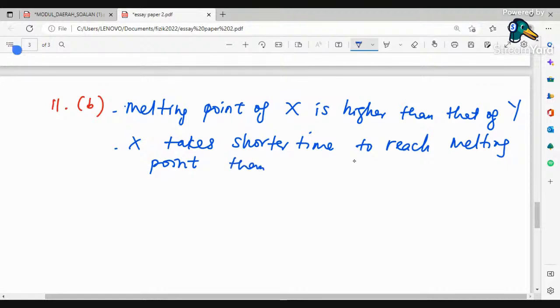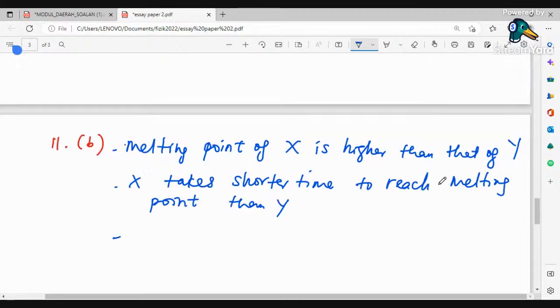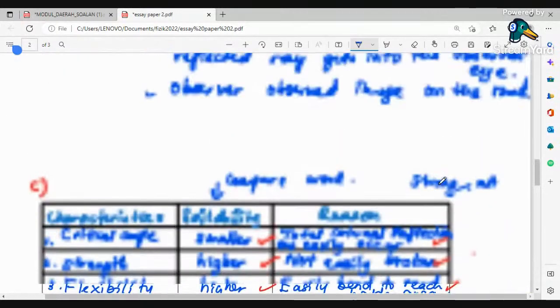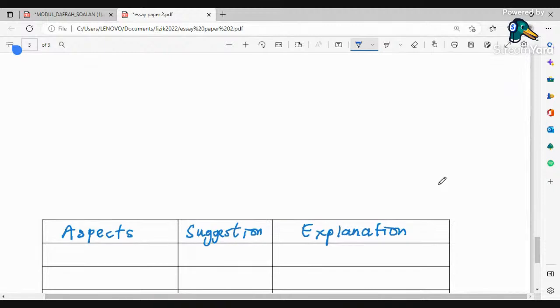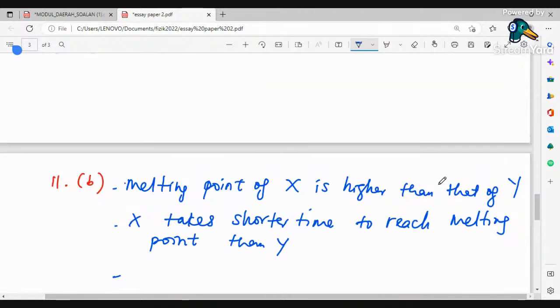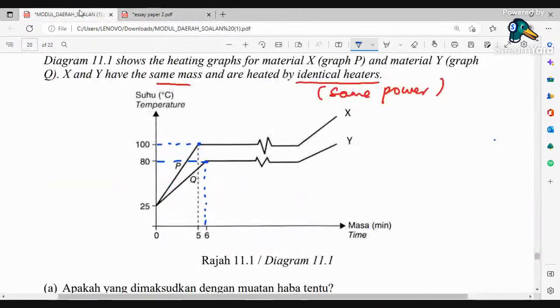Third one, compare between gradient of the graph. You can see the steepness of the graph. Steepness of graph P is higher than Q. Means gradient of P is higher.